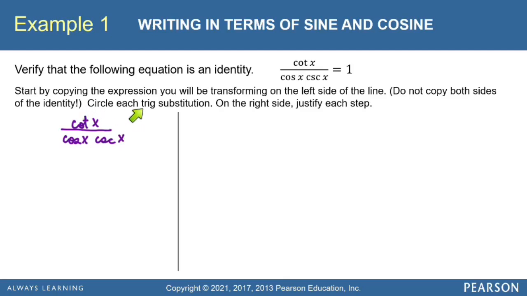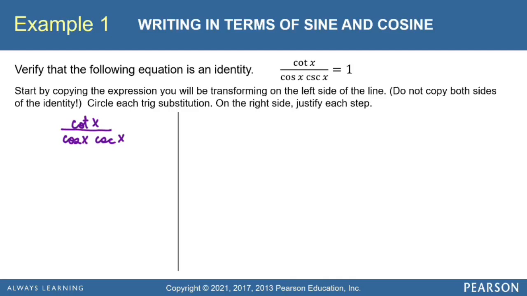Now it says circle each trig substitution, and on the right side of the line that we have here, justify each step. Now since our strategy here is to write everything in terms of sine and cosine, you might already be looking at this and saying, I know that I could replace cotangent of x with cosine over sine, and that's a good thought.